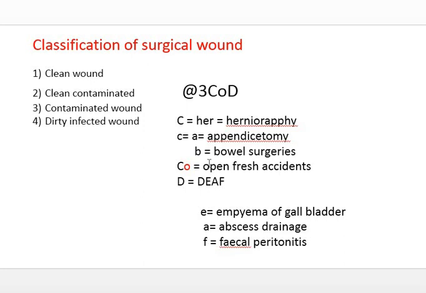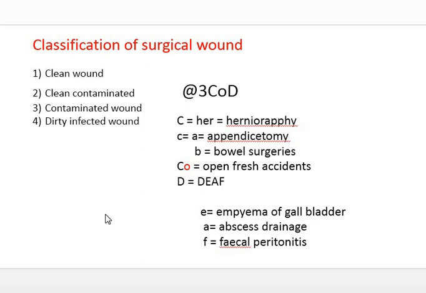In this way you can remember. And last there is D for dirty infected wound, and D equals deaf. So just remember it, deaf. D stands for dirty infected wounds, E stands for empyema of gallbladder, A stands for abscess, and F stands for fecal peritonitis. So it's very easy, don't panic.